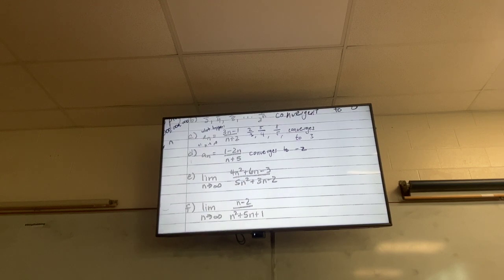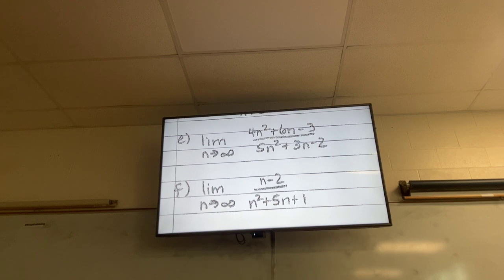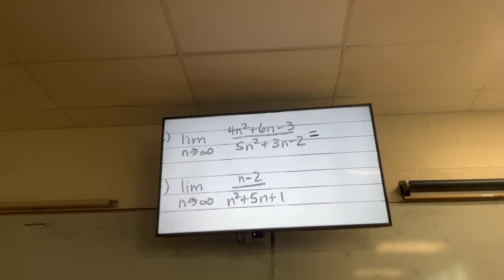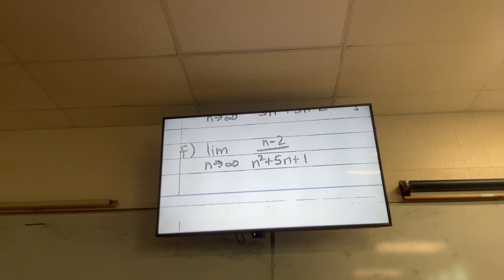All right, this one, we know how to do this. What does this converge to? What's this equal to? 4/5. Yep, that's because the degree of the top and the degree of the bottom are the same. This one, what's going on here for F? What's the degree of the top? What's the degree of the bottom?